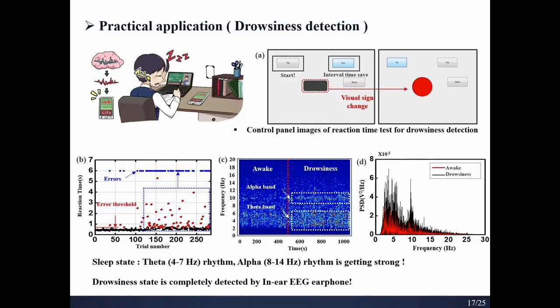For the practical application of our in-ear EEG earphone, we tried to measure the drowsiness state of people. We usually do concentration work, such as studying, reading a book and reading papers, while wearing our earphones.